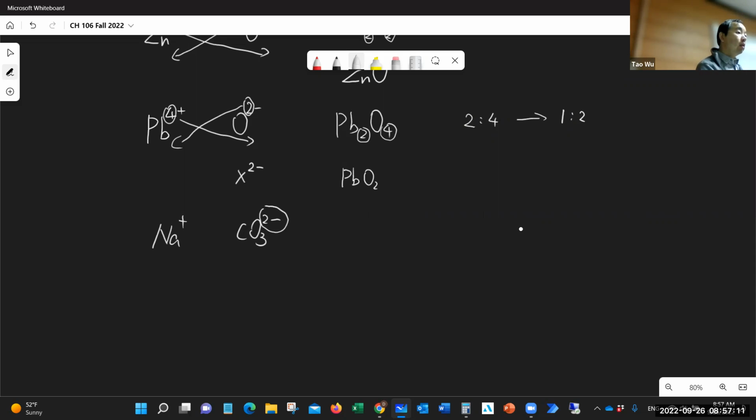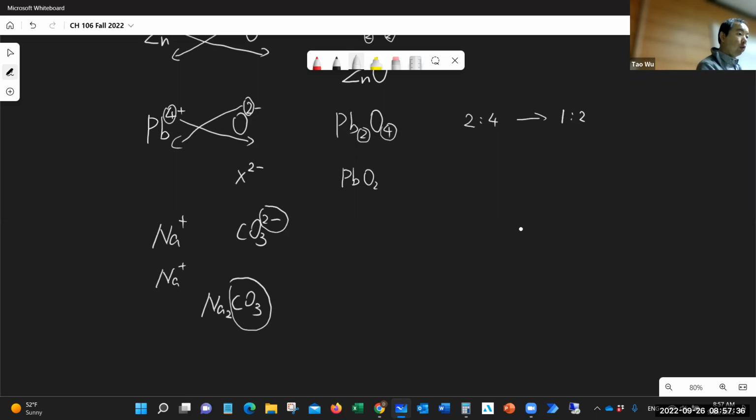Then we still need to make the charge balanced. So you should have 2 sodium ions combined together, and in this case you write Na2 and put the CO3 over here. And this CO3 is actually only 1 carbonate ion.